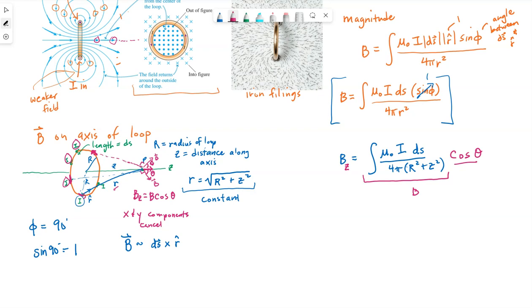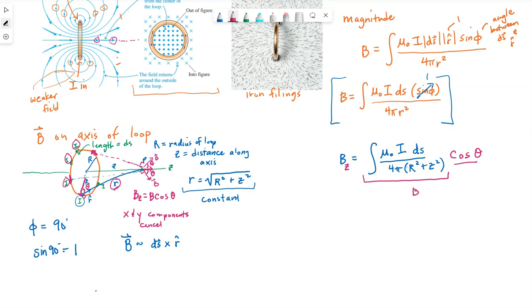Now theta up here, if I come down to my loop, is the same as the angle between the plane of the loop, so between the radius of the actual loop itself and r, lowercase r.